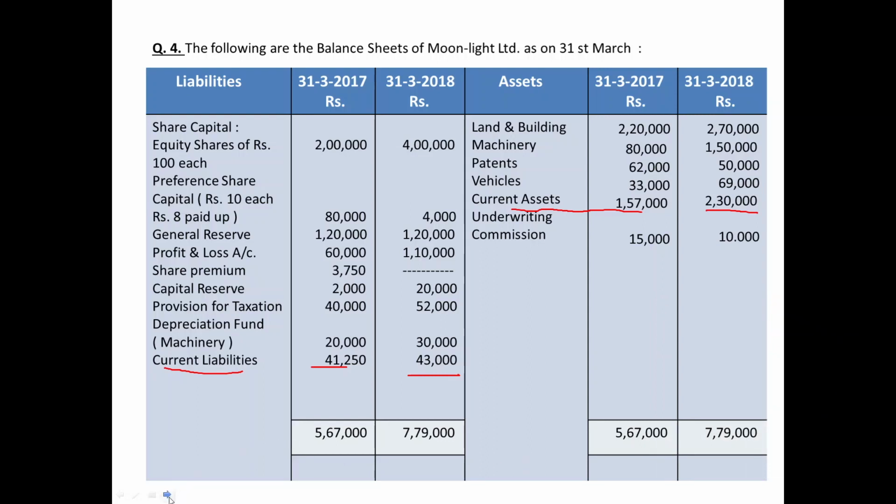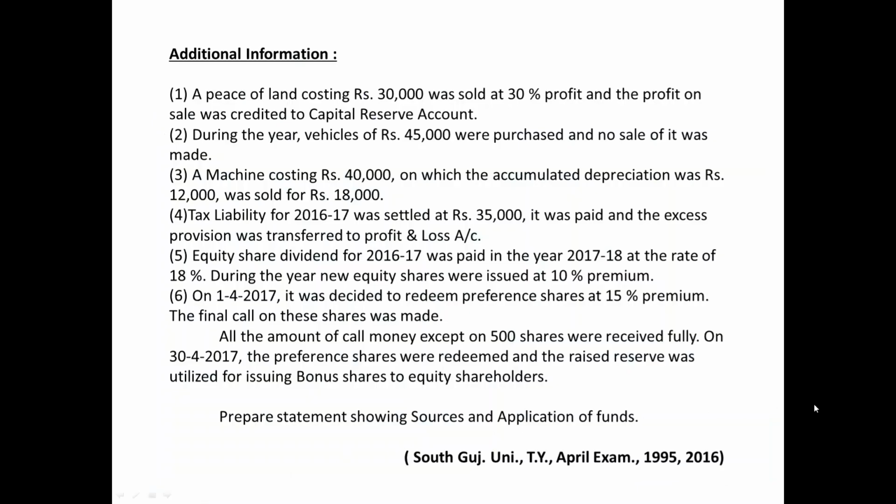After this working capital schedule, let us verify the additional information. Number of items have been given from 1 to 6. Let us verify these items one by one and record the transactions on the basis of the given additional information.